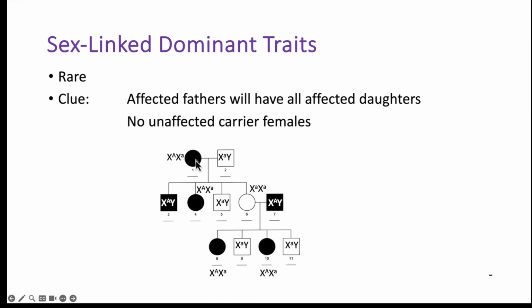We can see that it's expressed in these two children who have the capital A, one male, one female, and they're both affected. These two offspring, by chance, didn't have it because this person was homozygous recessive and this person was hemizygous recessive.